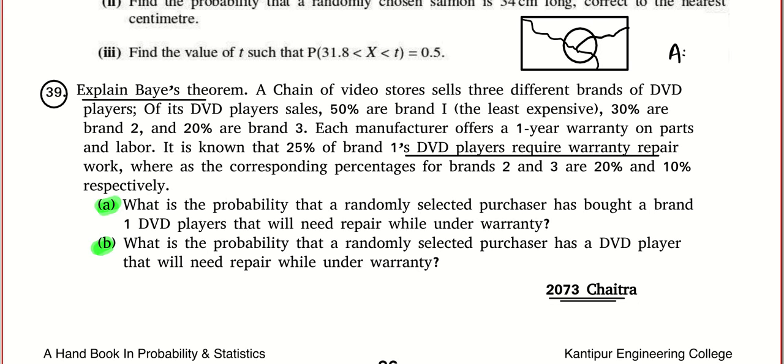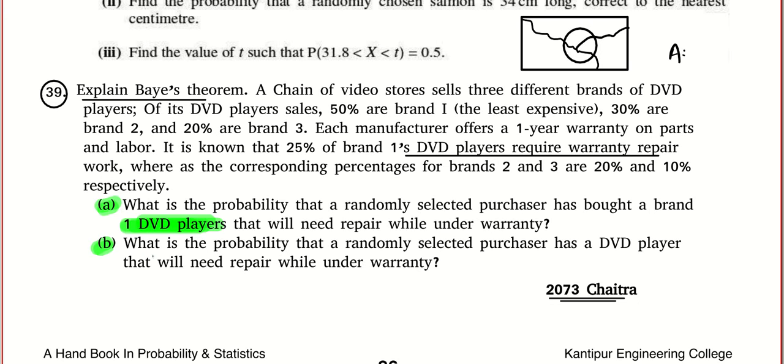When you read question A, what is the probability that a randomly selected purchaser has bought a brand 1 DVD player that will need repair under warranty? So look at this. This is specific. They have clearly mentioned brand 1 DVD player. That means it is Bayes theorem.